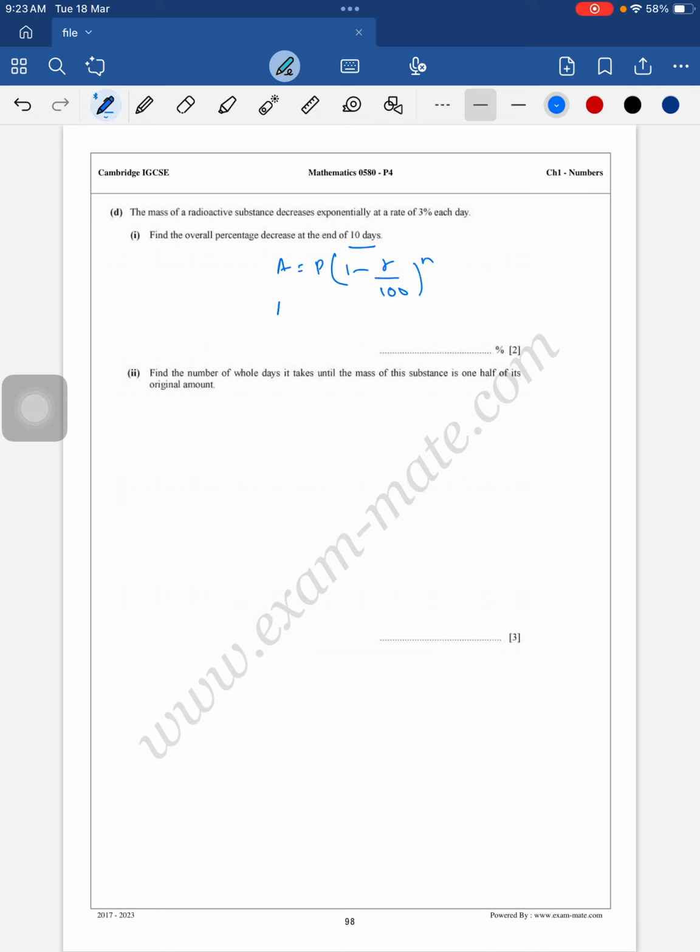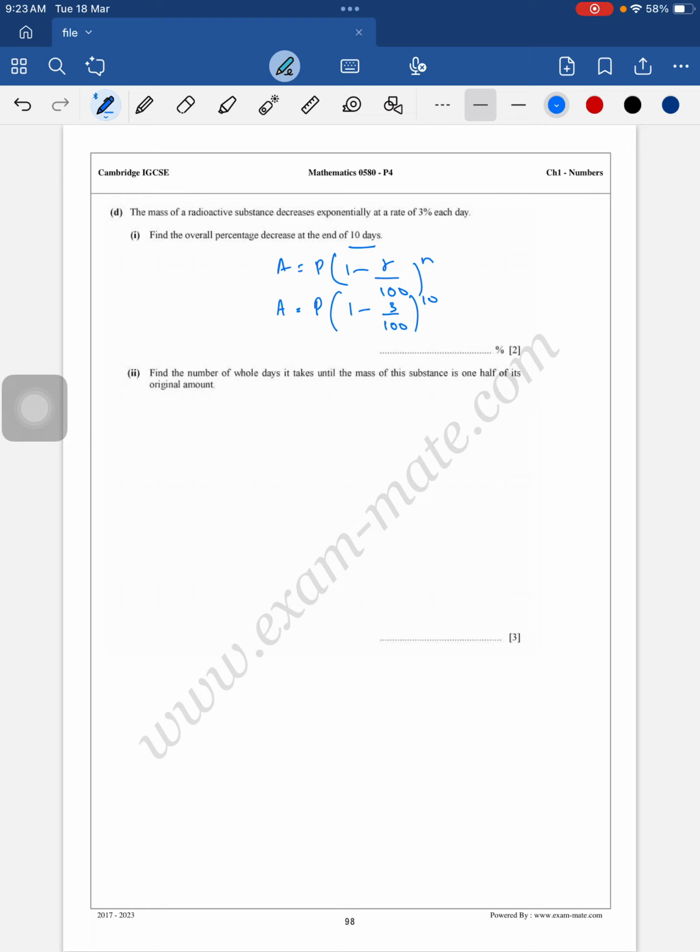We don't know any values. r is 3%, n is 10 days. Just using this, we can get the overall percent decrease.